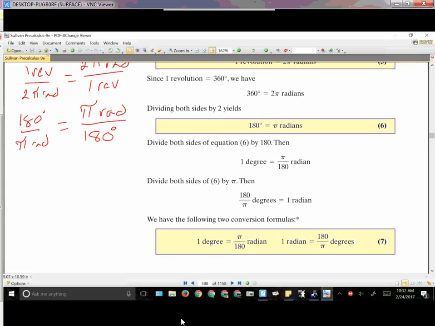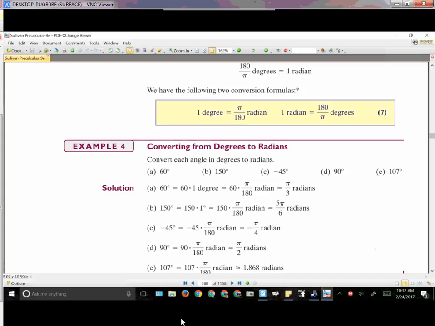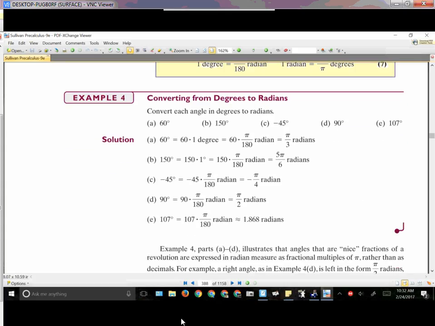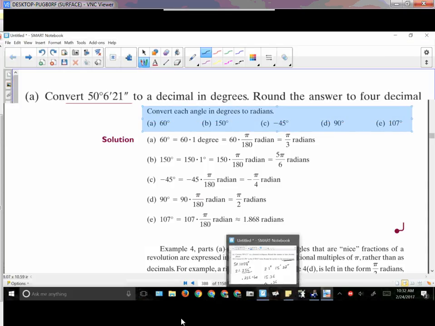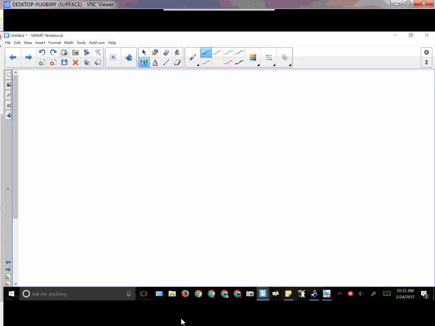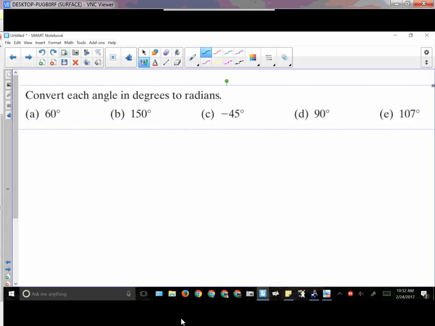Continuing on. So, if I want to convert these things from degrees to radians, by going through and having this 60 degrees, I want to get rid of the degrees.